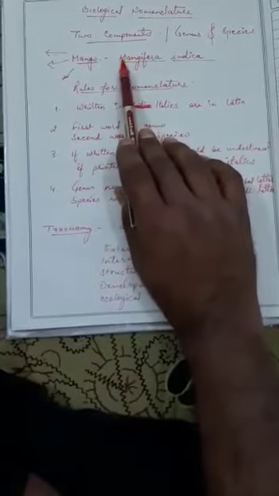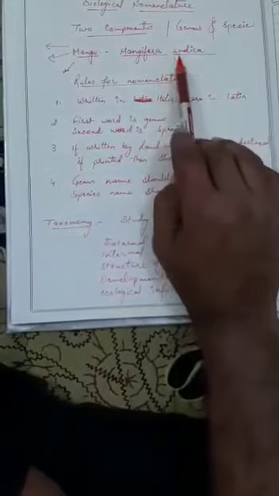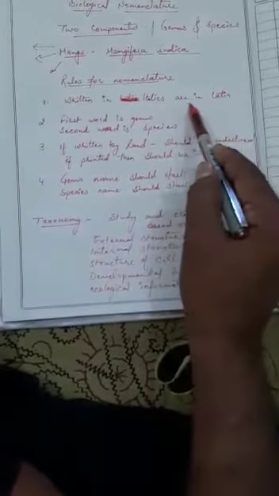Now there are certain rules and regulations for this nomenclature, such as, I have written this name and I have underlined it also. The first name is written with a capital letter and the second name is written with a small letter. They are always written in italics if they are printed, and these names are always in the Latin language.